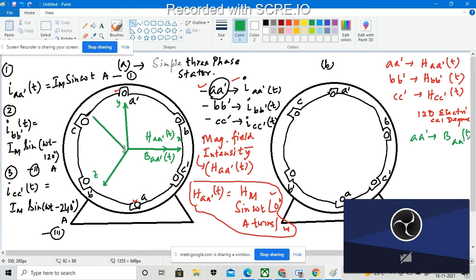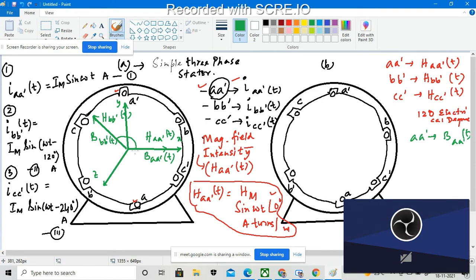This will be my 120 electrical degrees, and this particular axis will be considered as H of B dash t, and correspondingly the magnetic flux will be B of B dash t.